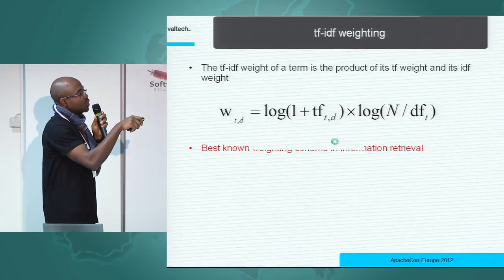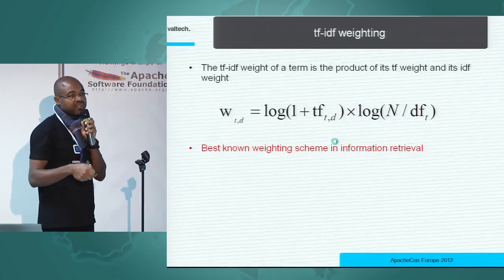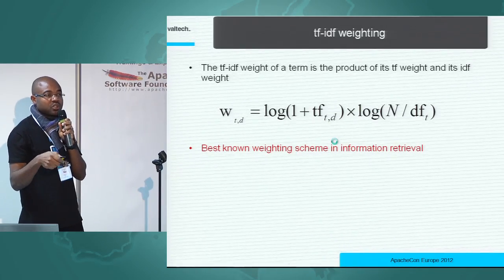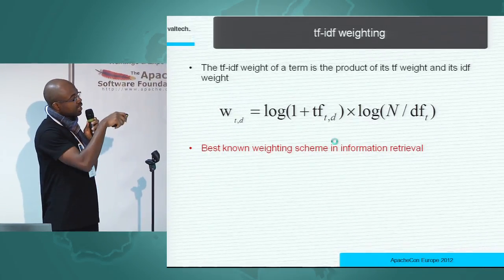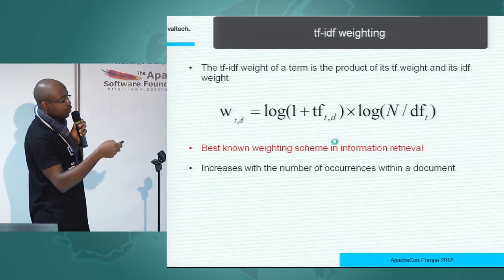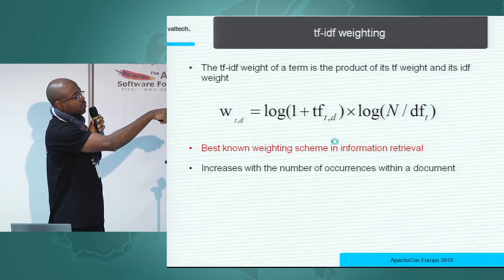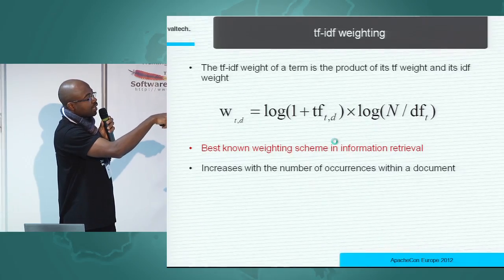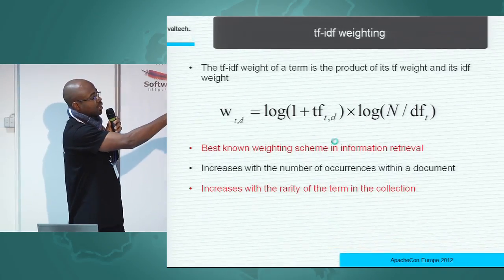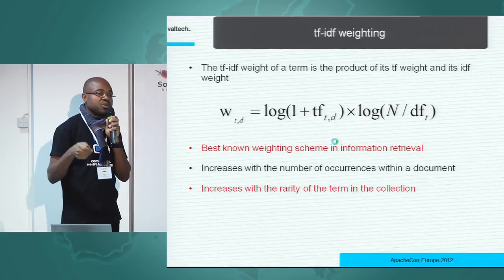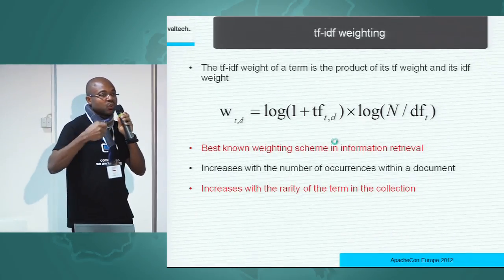This is the best-known weighting scheme in information retrieval. It increases with the number of occurrences within a document, and it also increases with the rarity of the term in the collection.